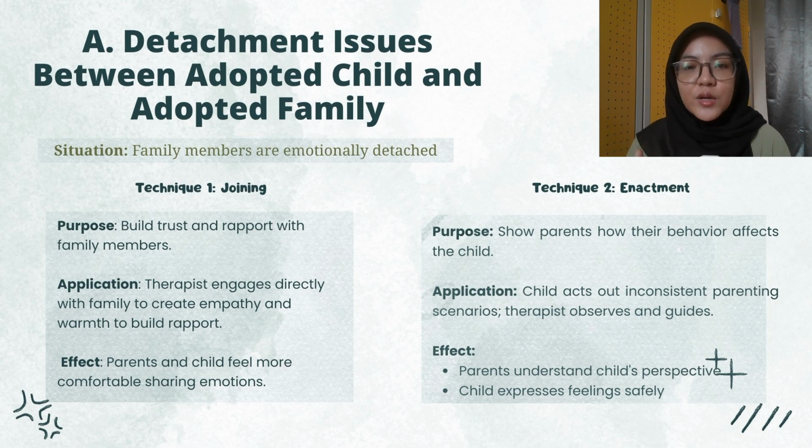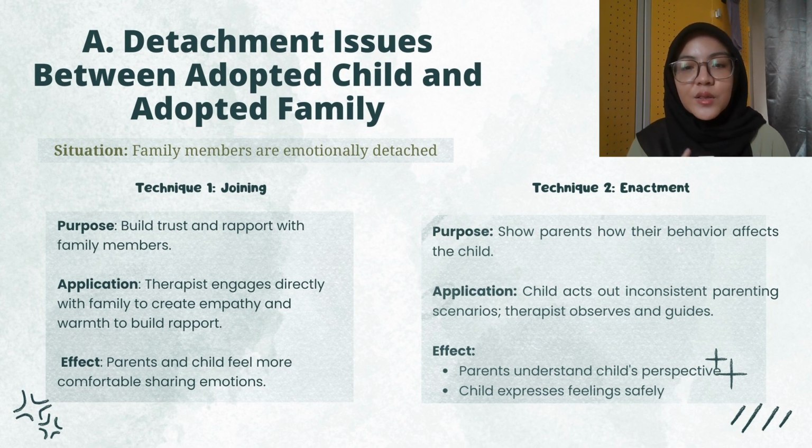The therapist will actively engage with all family members to build trust and rapport. The therapist will create a warm and empathetic environment by listening and responding carefully to the clients. This will help reduce resistance and make both parents and the child feel more comfortable sharing their thoughts and emotions during the session.